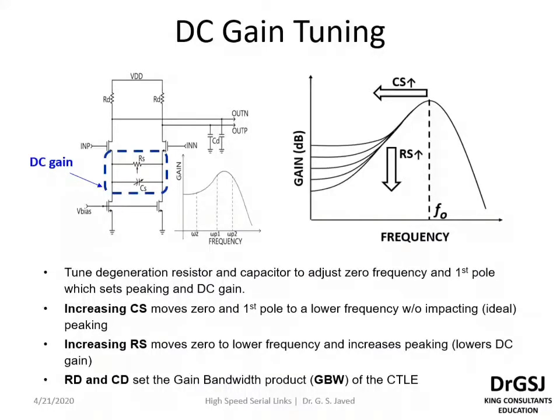Increasing CS moves the zero and the first pole to a lower frequency without impacting the peaking, while increasing the RS moves the zero to a lower frequency and lowers the DC gain too. CD and RD set the gain bandwidth product of the CTLE, which is the output relationship here.